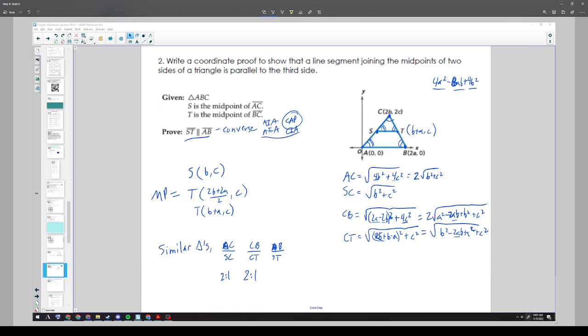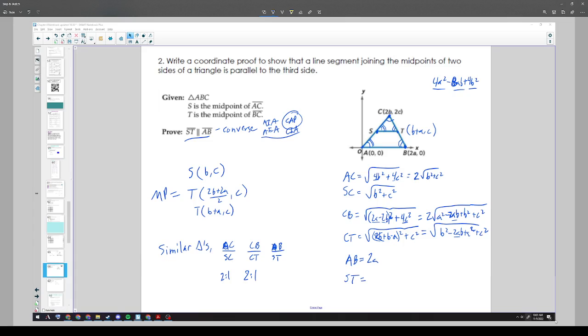And then our last one, do we know? We do know how long ST is. Okay, so AB is pretty easy to find the length of because it's just 2a, right? It's along a straight horizontal line, so we don't need to do the distance formula really. So AB equals 2a. And then we need to find ST as our last one.